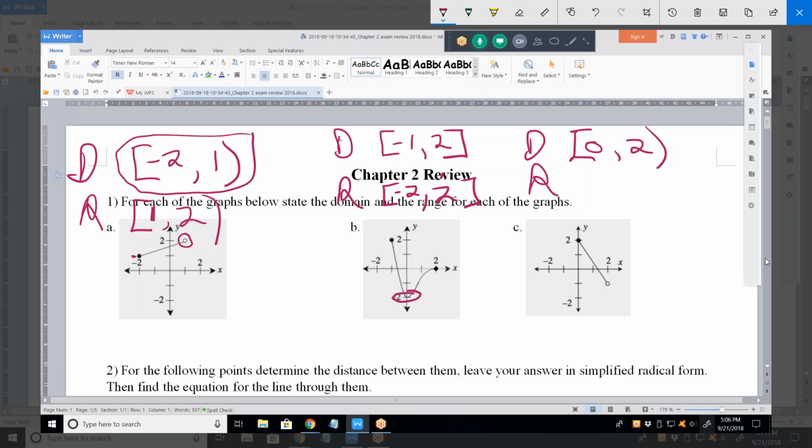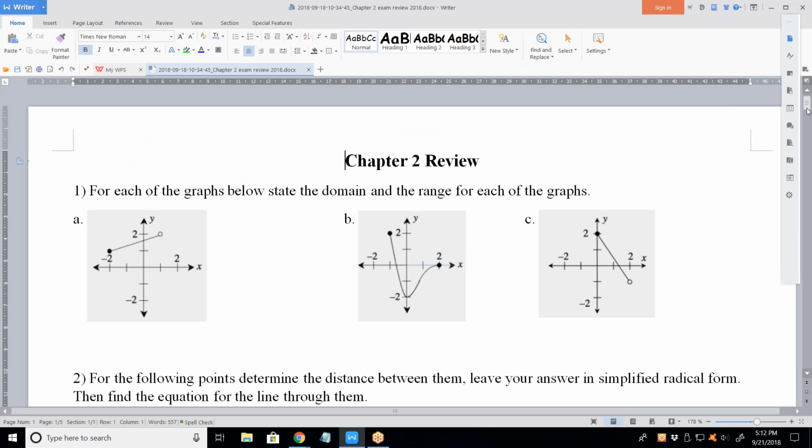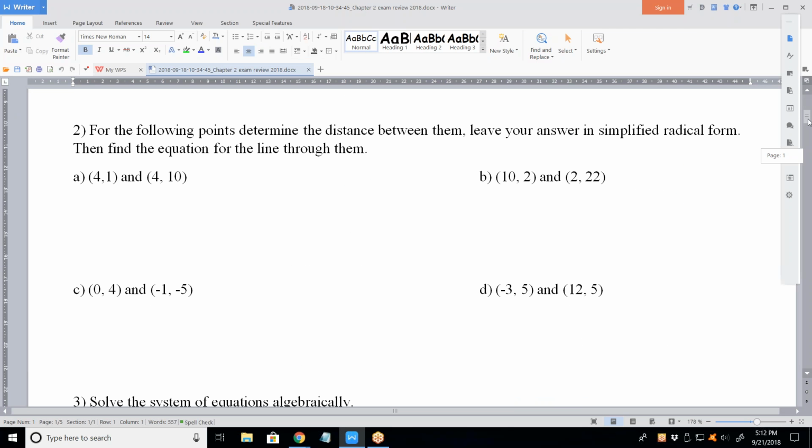Always start there. Bracket. We're starting here, right? And we're working our way up. So parentheses, and then -1, and then 2 with a bracket. Perfect.